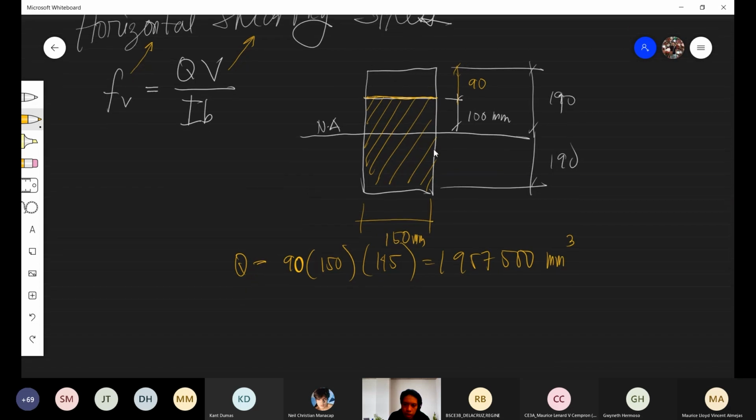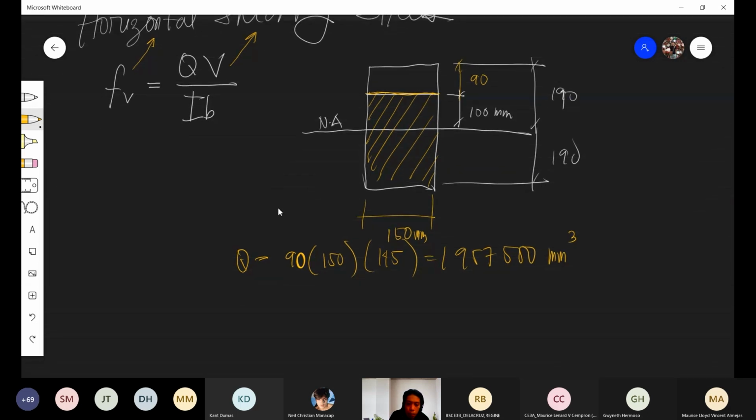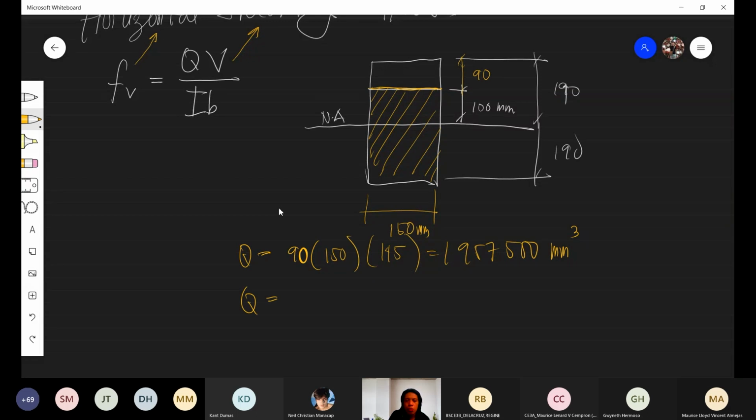If we get the moment area of that area about the neutral axis, the distance here is 190 plus 100, that is 290, times 150. What's the moment arm? It is the distance of the centroid. What's that distance?